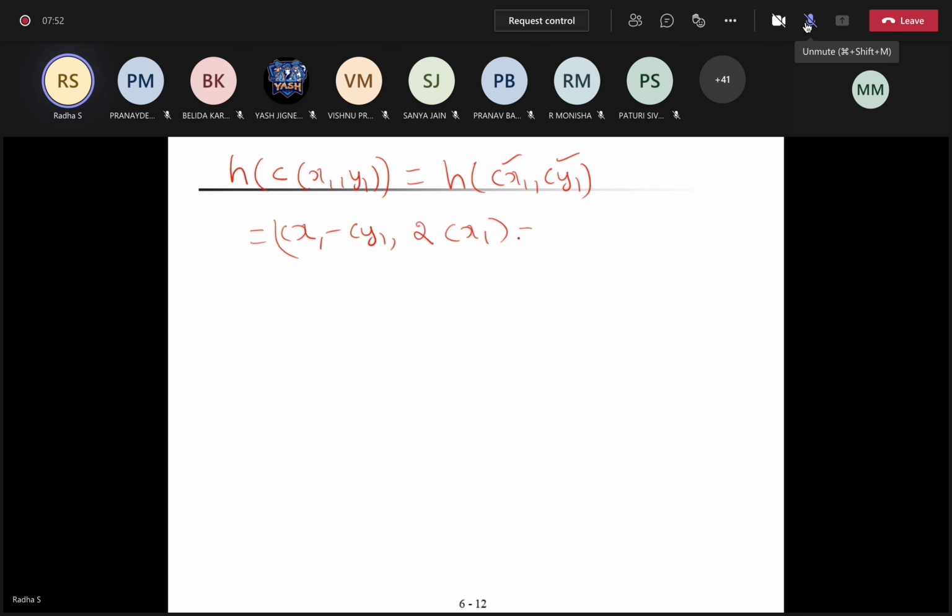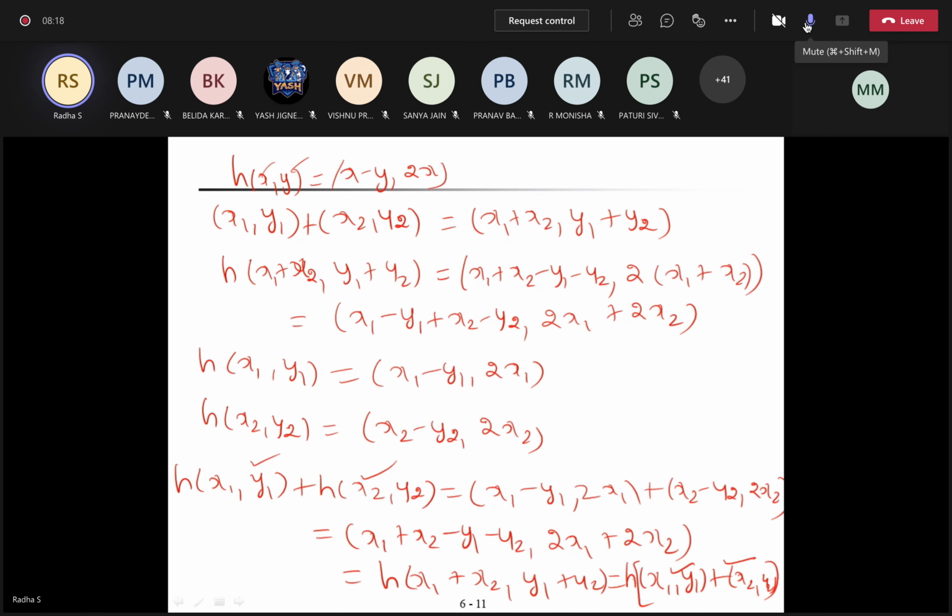Anyway, you can take c outside as common, here also c, here also c. So it is x1 minus y1 comma 2x1, so it is c into h of x1 comma y1. So both the properties are satisfied. Therefore, h is a linear transformation. Is it clear? Yes, ma'am.